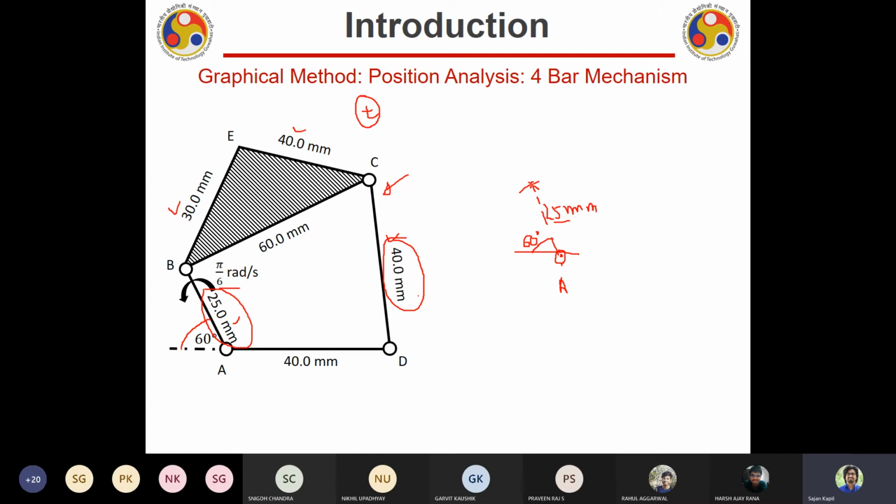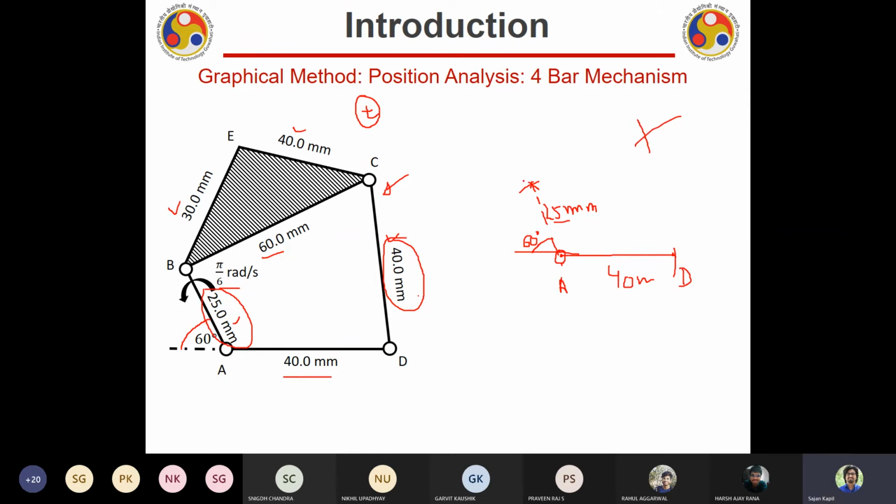Now I can put my compass over here and make an arc at a distance of 60 mm. Correct? Then what I'll do, I know this base and it is a horizontal line. So I'll draw a horizontal line and I'll identify the location of D, because I know it's on a horizontal line and of 40 mm only. So I make an arc on the horizontal line and I got point D. Now I'll keep my compass here and make an arc over here.